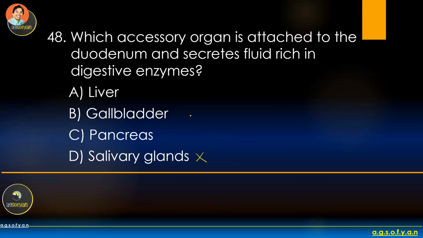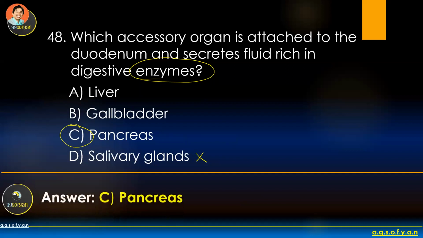The one that produces a lot of enzymes is actually pancreas. So pancreas produce so many enzymes that will digest proteins, carbohydrates, and lipids. So pancreas is attached to the small intestine and it produces many digestive enzymes.